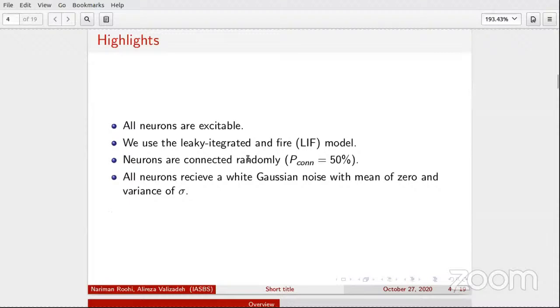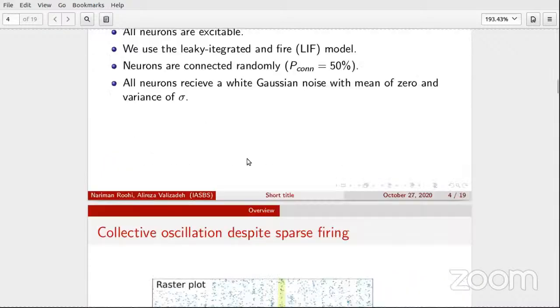A few points: all neurons investigated are excitable. We use the leaky integrate-and-fire model. Connection probability equals 50%, and all neurons receive a Gaussian noise with variance of sigma, which we name the noise strength.